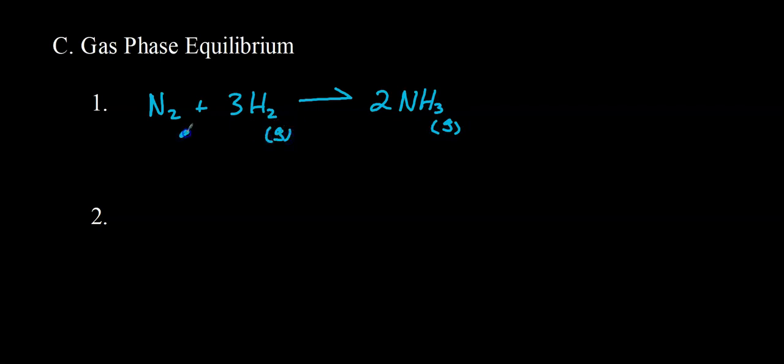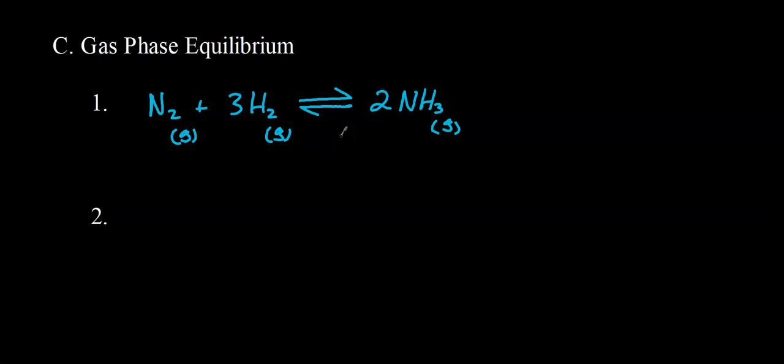Another example of an equilibrium system is gas phase equilibrium, kind of like what I showed you at the very beginning. You have the nitrogen dioxide and dinitrogen tetroxide system. Here's another one. Let's say you take some nitrogen gas and mix it with hydrogen gas and then close that container. That reaction is going to produce ammonia gas. That ammonia gas can actually react with other ammonia molecules to reform nitrogen and hydrogen gases.